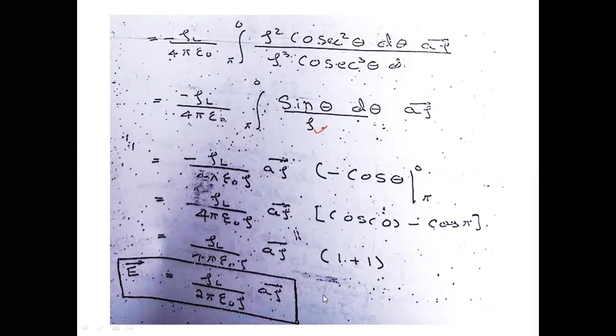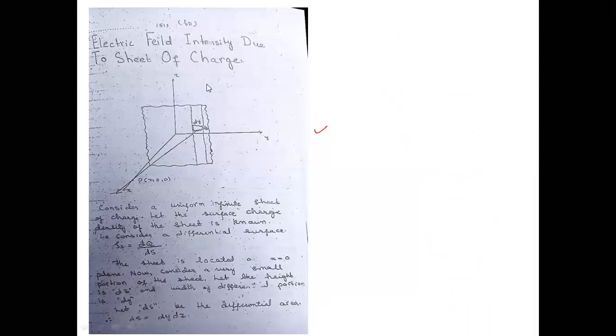Now the same is the case for the electric field intensity due to the sheet of charges, infinite sheet of charges. Okay, so we have this whole sheet, and now taking the small fraction of that sheet, which is dy and dz. Okay, dy and dz.